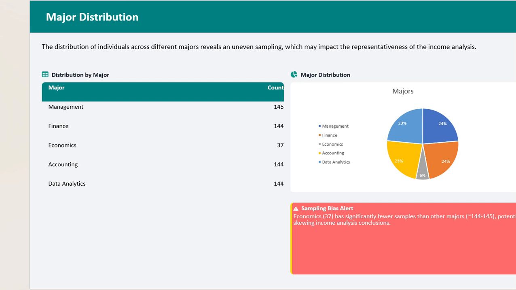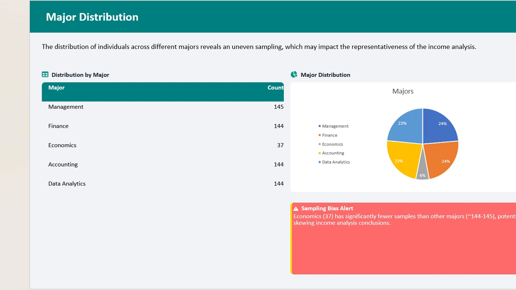The next is the major distribution. For this, I first calculated the count for each major and then plotted the pie chart on the right. From the pie chart, it's very clear that the economics major is significantly less sampled compared to other majors.